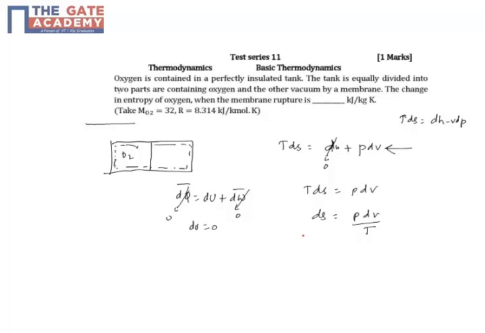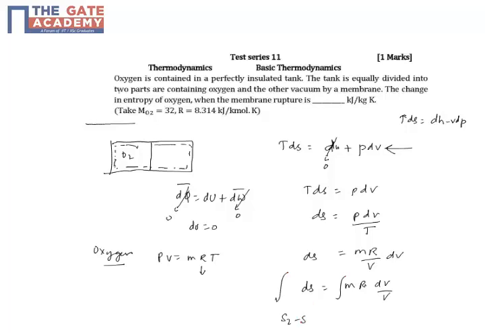Now it's oxygen, so we assume it's an ideal gas, and for an ideal gas we can write pV is equal to mRT. Remember that R is the gas constant, so p by T is basically mR by V, and ds equals mR dV by V. So everything is in terms of dV by V. Now it's time for integration.